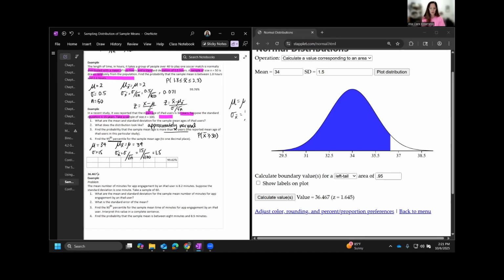I know it's really small since I'm sharing screen, but you can hear me say it. 36.467 years is the 95th percentile for the sample mean age. Okay, and it says to one decimal place, so we're going to make that 36 and a half exactly.